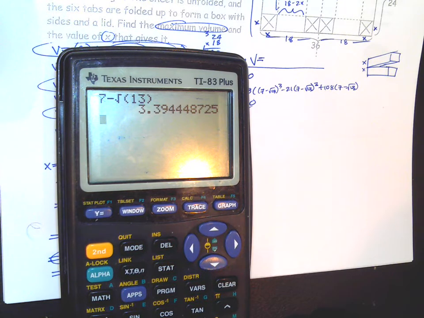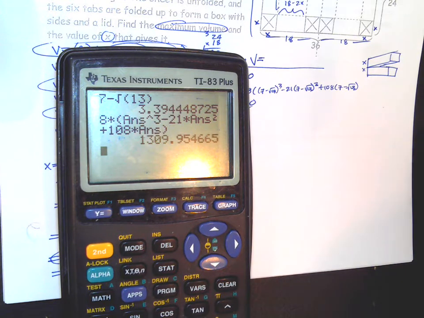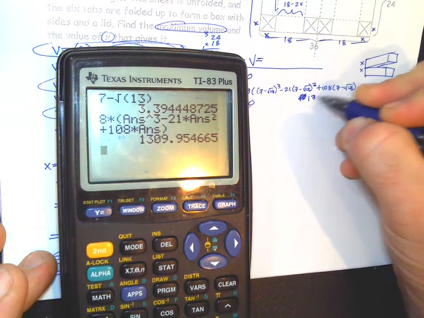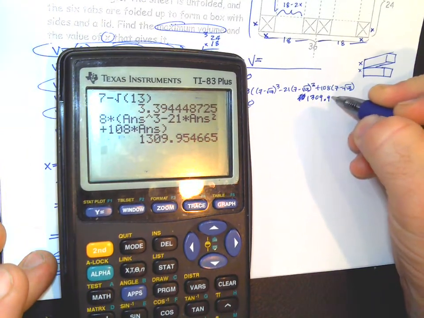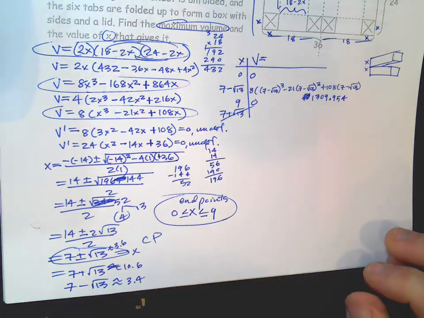Get that answer, and then do 8 times parentheses the answer raised to the third power minus 21 times the answer squared plus 108 times the answer, close parentheses, and we get 1309.954.